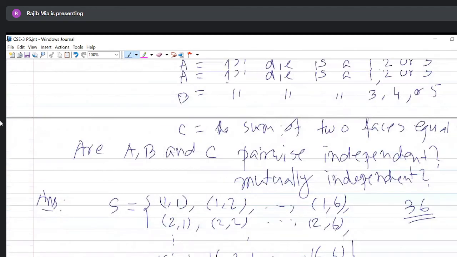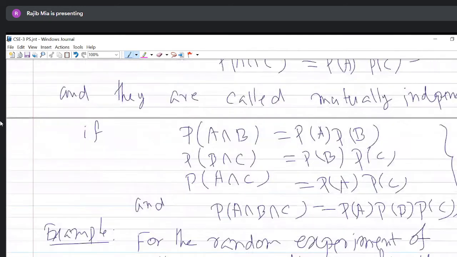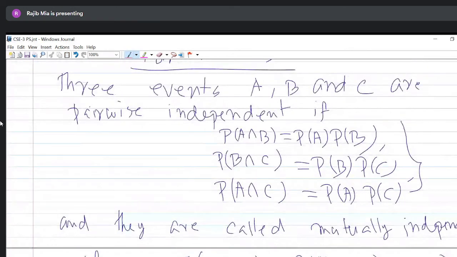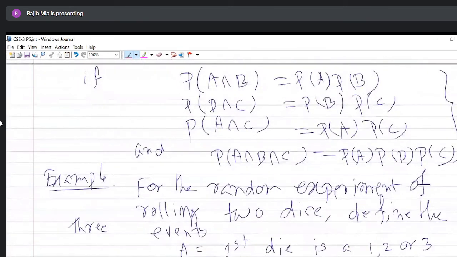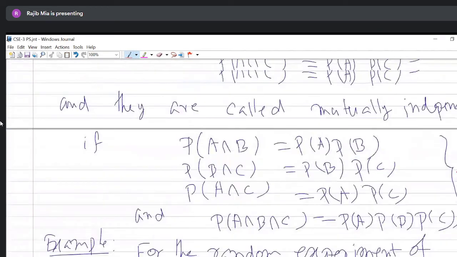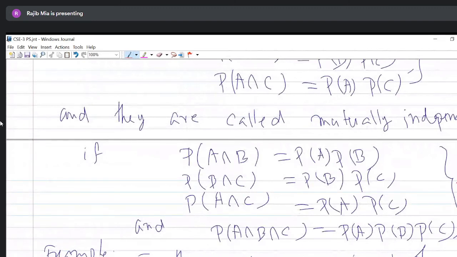If you see the definition, pairwise independent means these three conditions must be satisfied, and mutually independent means these four are satisfied. So if pairwise independence fails, meaning any one of these three conditions is not satisfied, then obviously they are not mutually independent.